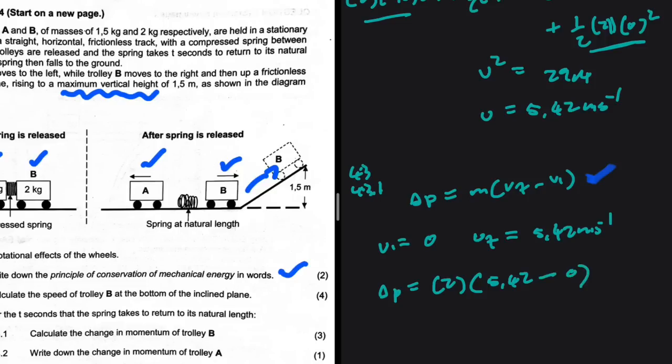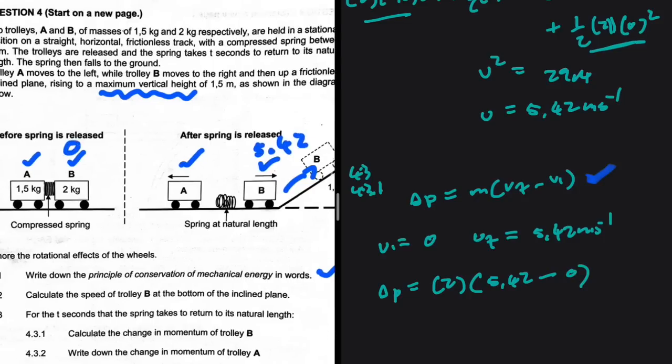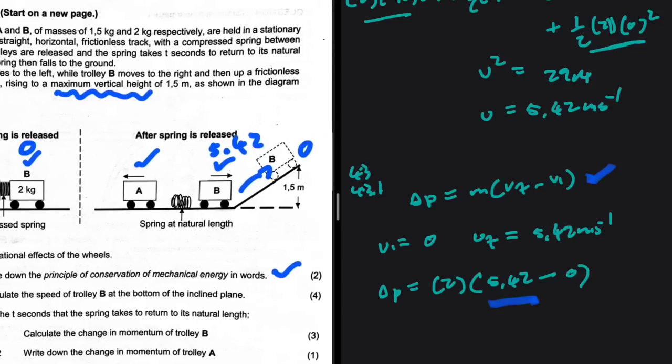Here we have 5.42 and here we have 0 once more. So don't confuse them: 5.42 is our Vf when the spring is lengthening, and it is our Vi when we are going up the incline, right? Most people sort of confuse the two.